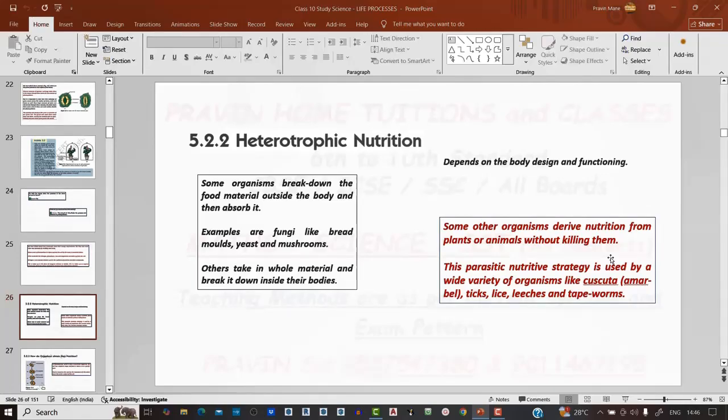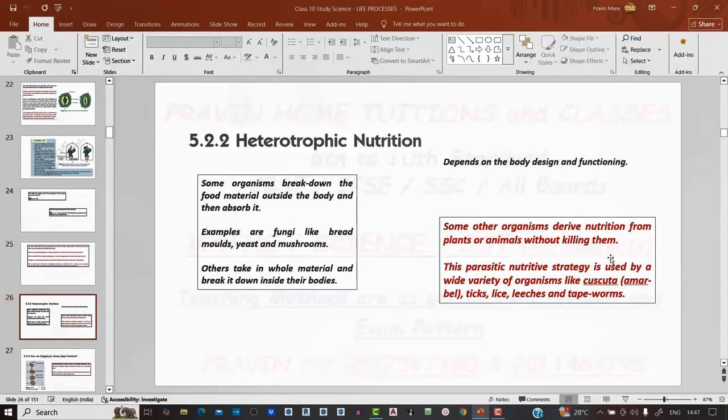Next part is heterotrophic nutrition. Heterotrophic nutrition is done in heterotrophic organisms. There are three types of heterotrophic nutrition.